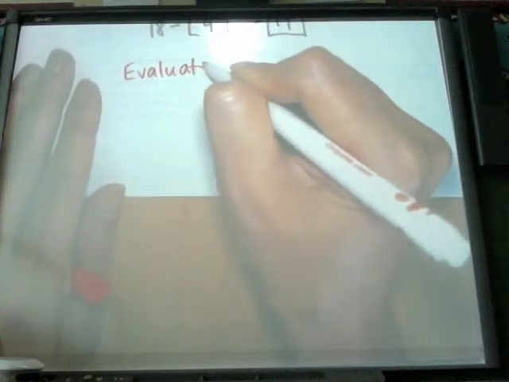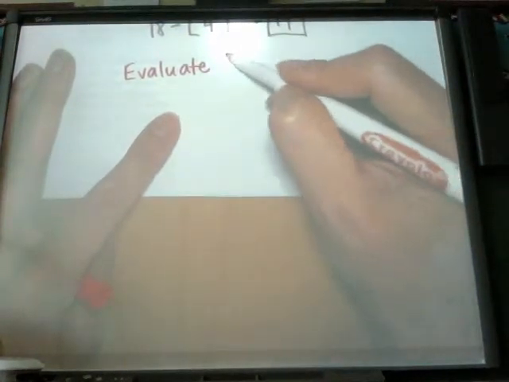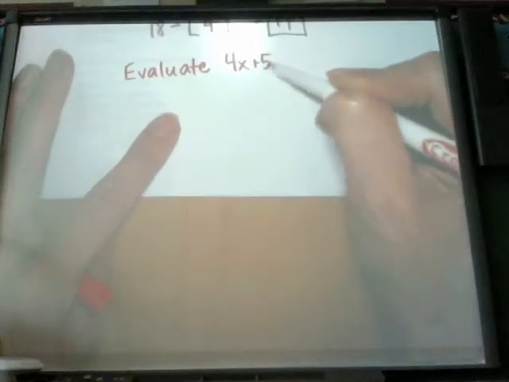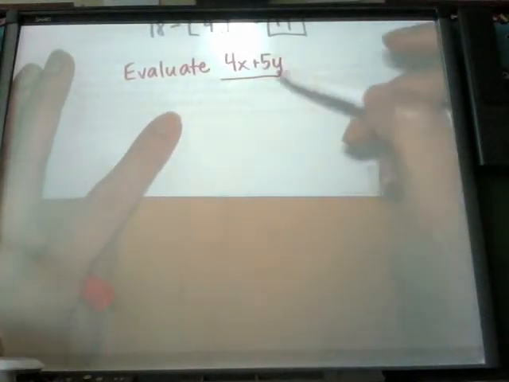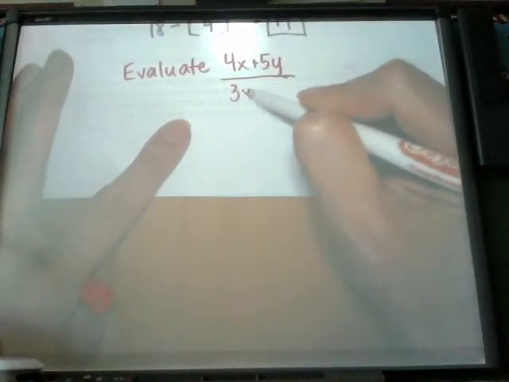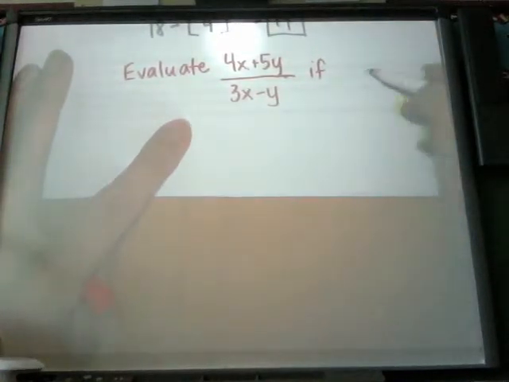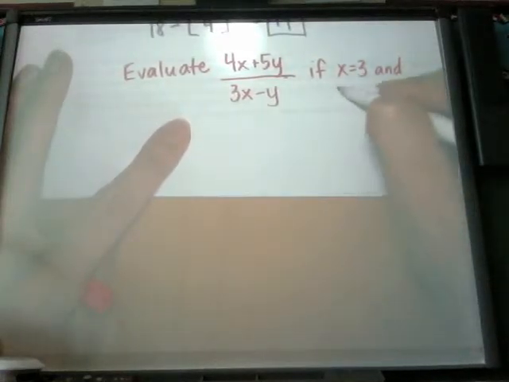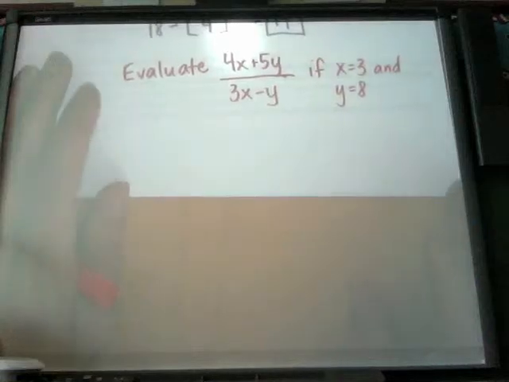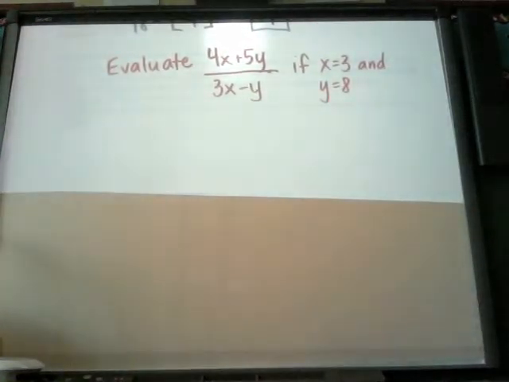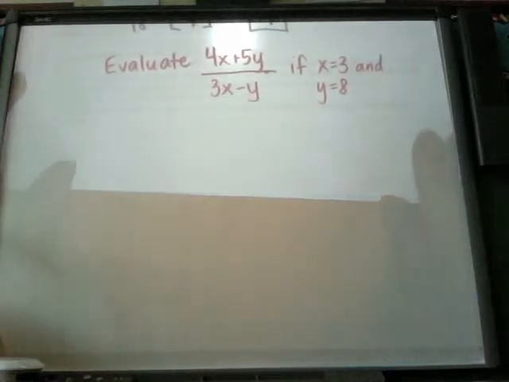Evaluate, again meaning plug in, 4x plus 5y over 3x minus y, if x equals 3 and y equals 8. So we're just combining the two ideas. Yesterday we did plugging in, and then we're going to solve the top group and solve the bottom group. Okay, so just one step more from yesterday.